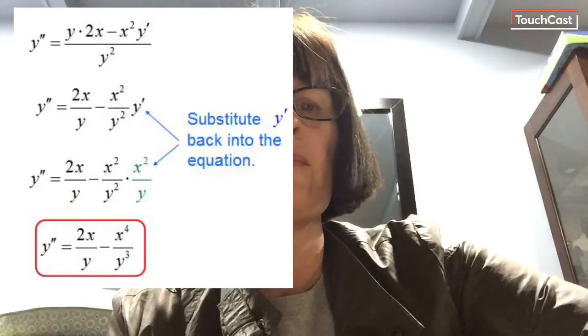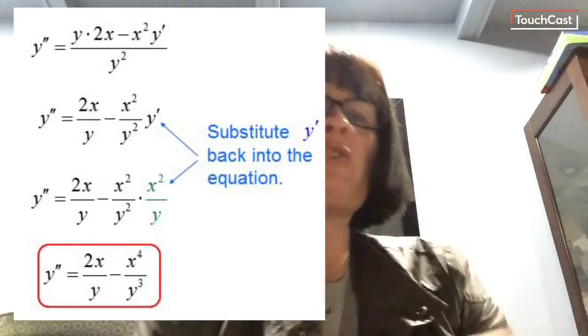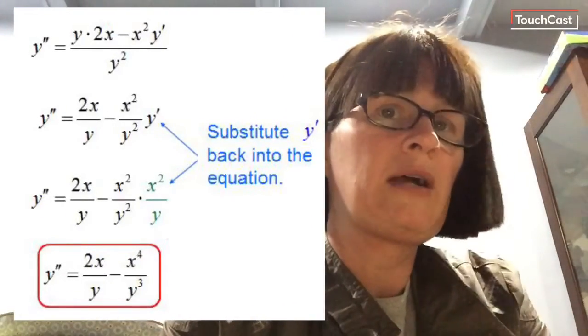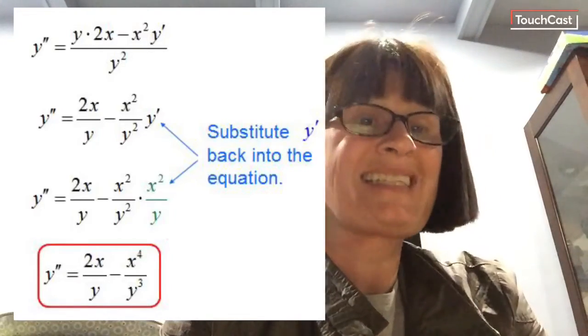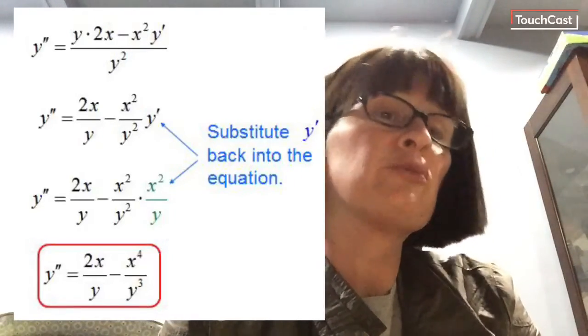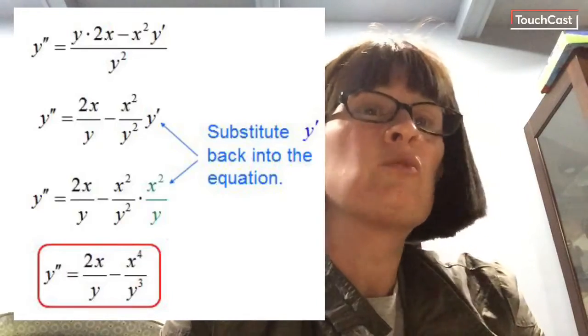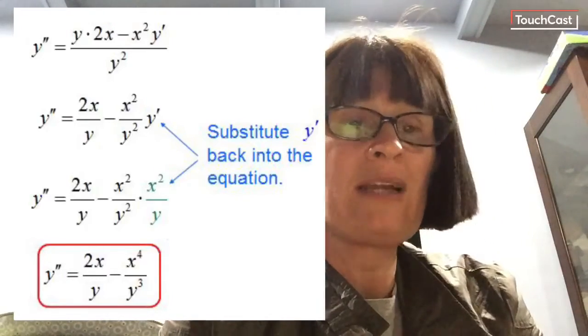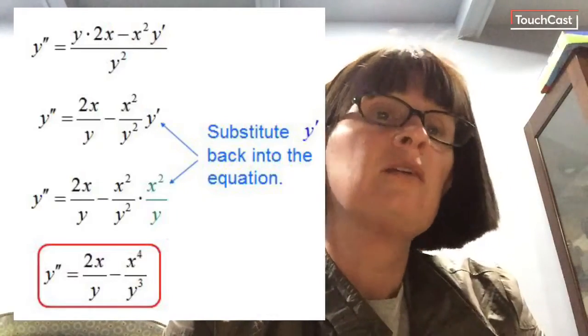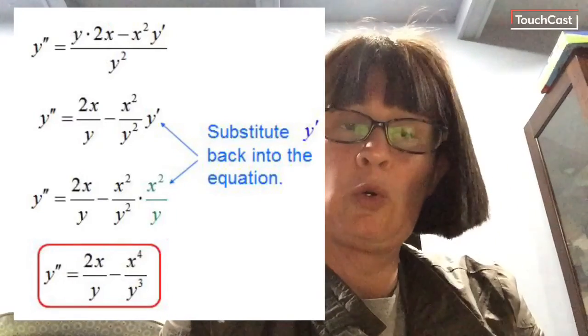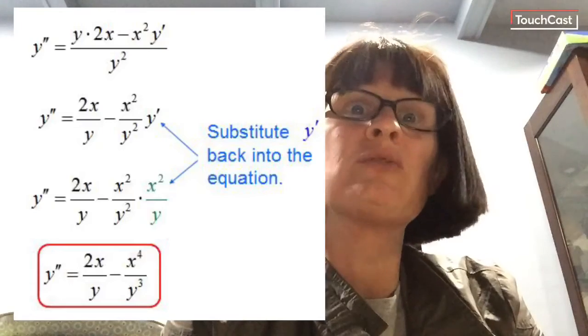Okay. So my first derivative, y prime, is x squared over y. I'm going to take the second derivative, which means I need the derivative of y prime. Since y prime is a rational expression, I'm going to take the derivative using the quotient rule. So it's going to be low y times the derivative of high.